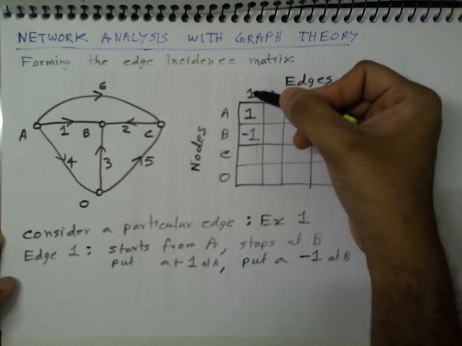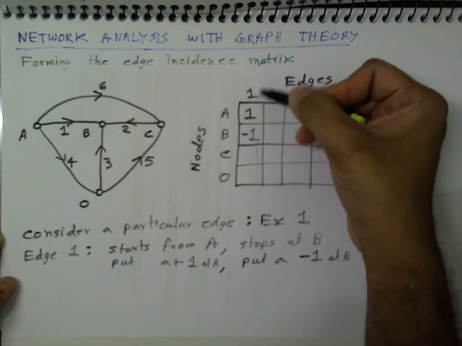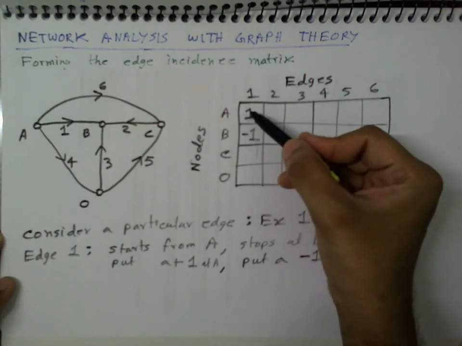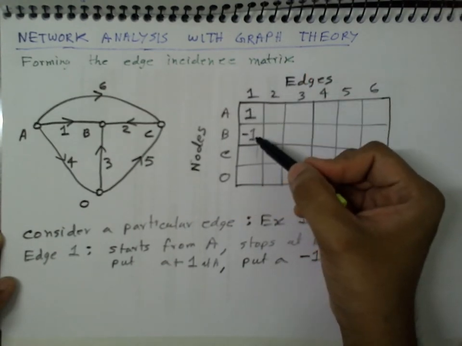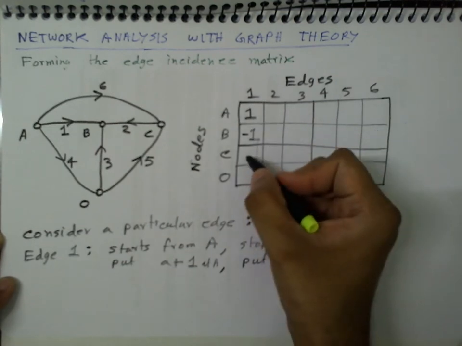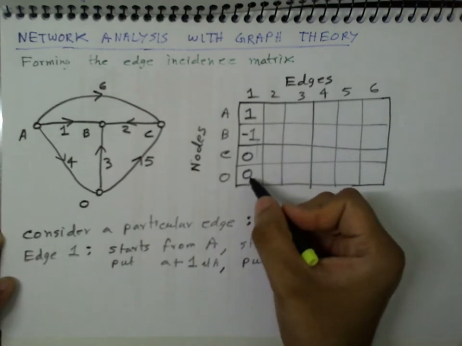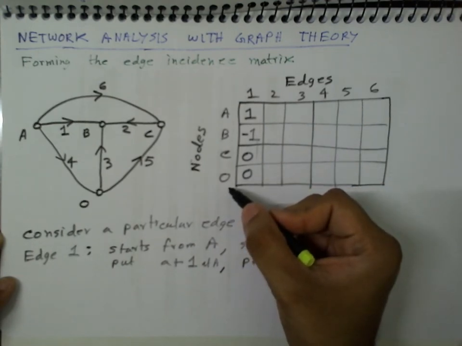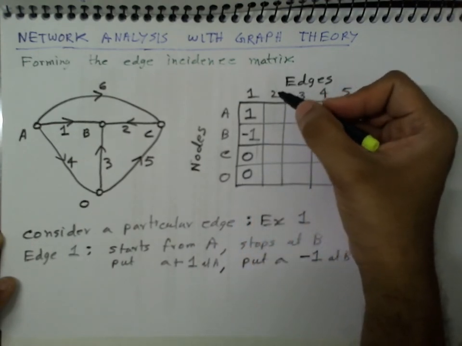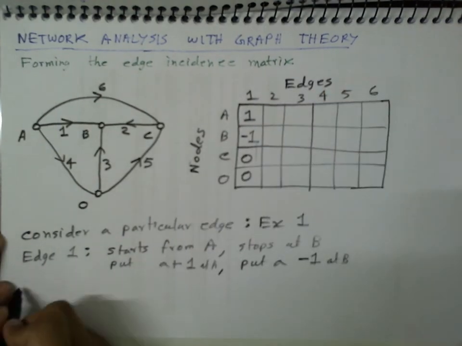So that means this edge number 1 starts from node A and stops at node B, and it doesn't go to node C, so I put a 0 and a 0 because it doesn't go to node O at all.